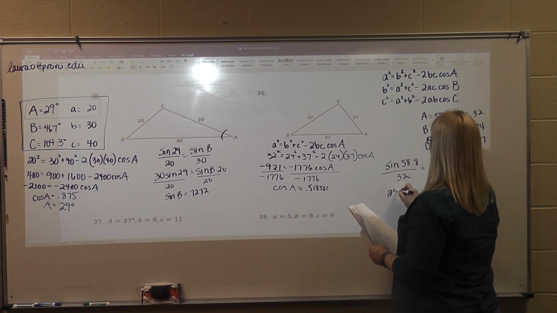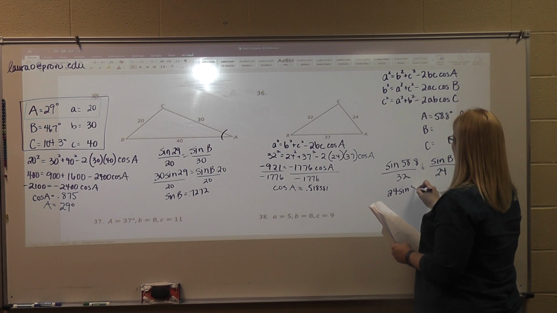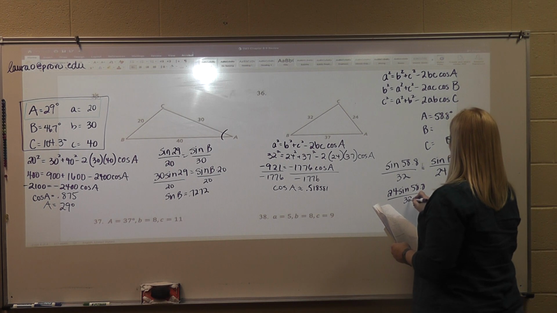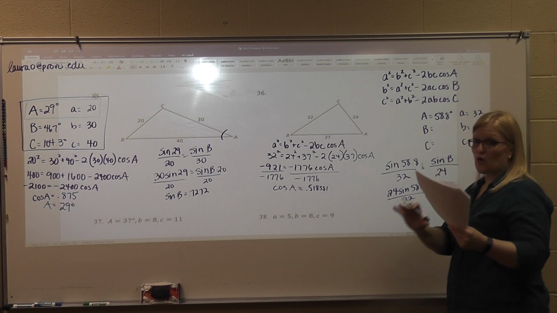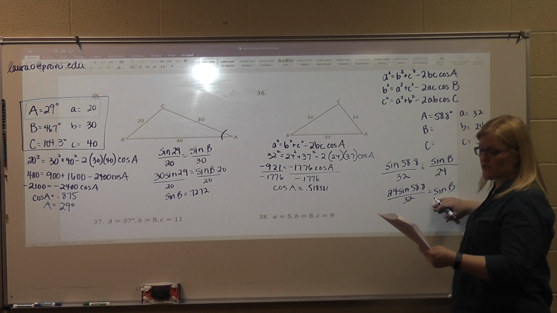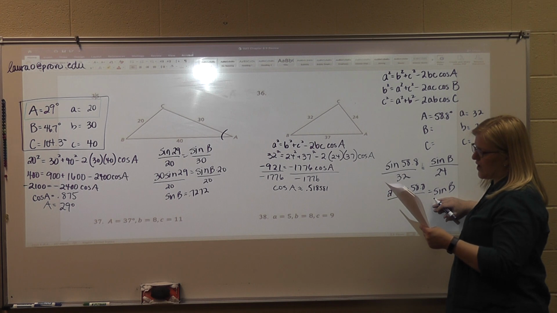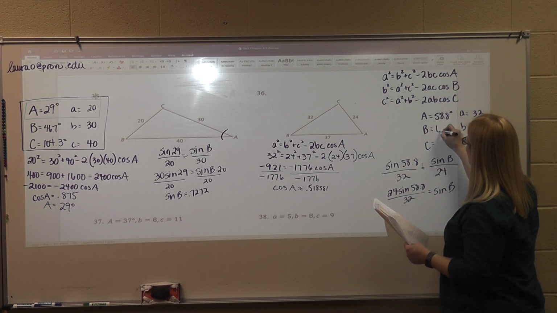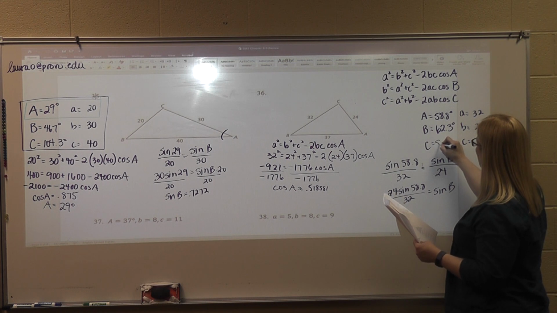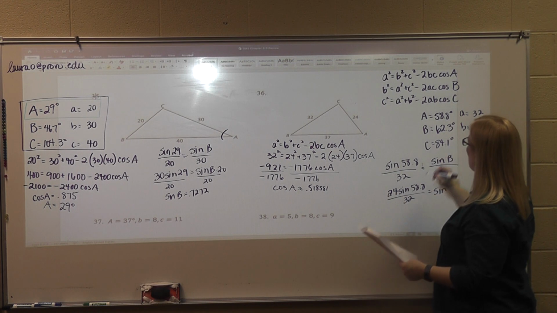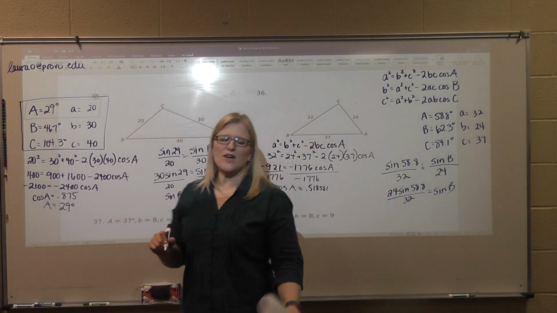So I've got 24 sine of 58.8 over 32 is sine of B, and anyway, you go through all of that, take the inverse of sine, and you end up with 62.3 degrees, and then 180 minus those gives 84.1 degrees.